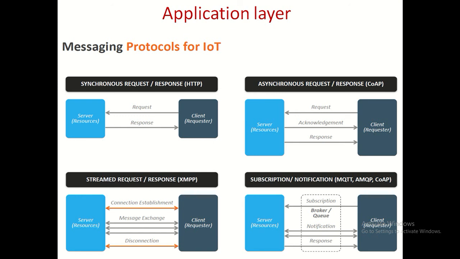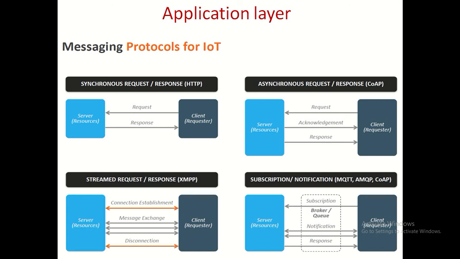As I already mentioned, in the application layer we have a choice of various communication protocols. Like in synchronous communication, where it is request-response like HTTP, a client always sends a request to the server, and in response to the client, the server will grab the data from the resource and give a response.